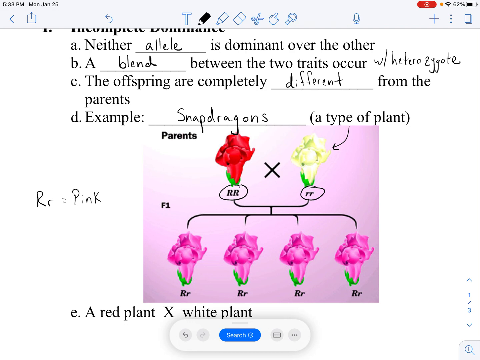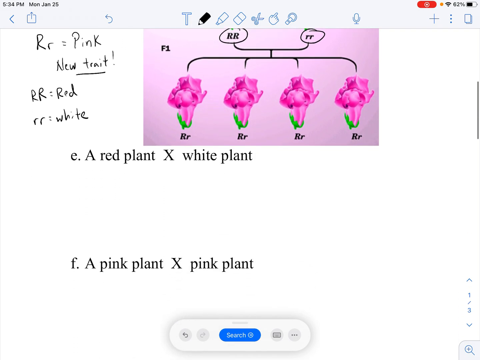And so essentially you're getting some of the trait showing up and creating a new trait. So big R would still be red, little r would be white, but the heterozygote would be pink.